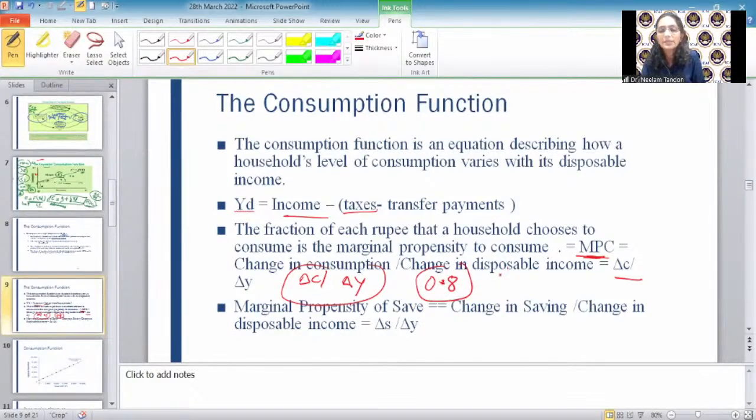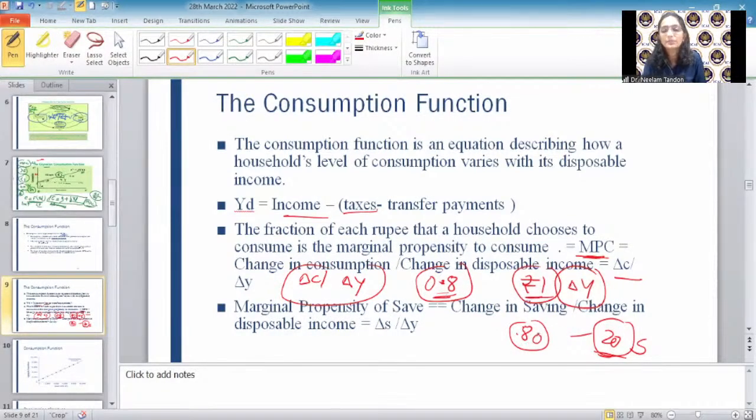It means that for every 1 rupee increase in my income, I'm going to spend 80 paisa and I'm going to save 20 paisa. 80 paisa I'll go for spending if the value is 0.8, with every 1 rupee increase in my income.